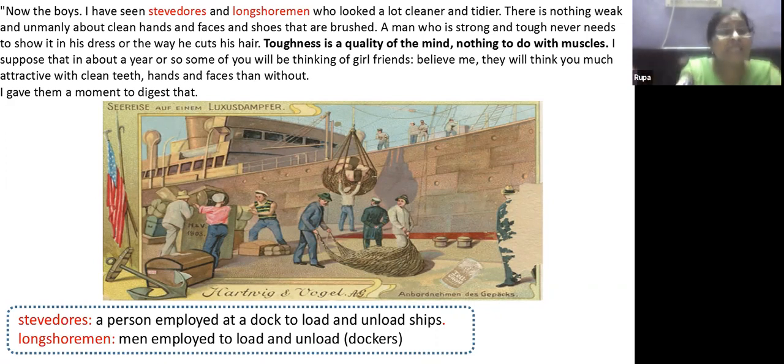What is he telling more? "Toughness is the quality of the mind, nothing to do with the muscles," he's telling. So here toughness refers to mental toughness, means mentally strong, not physically.